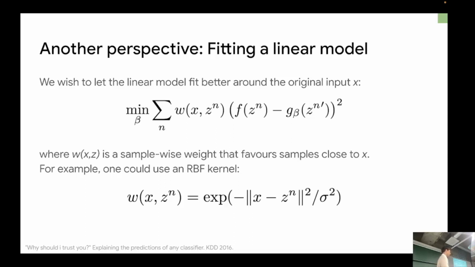If you try to explain too many points in the space, this is a highly nonlinear function. So if you wish to put a linear function that approximates a large range of regions, with so many ups and downs in the function, then you're going to miss a lot of variations that are interesting for the model.